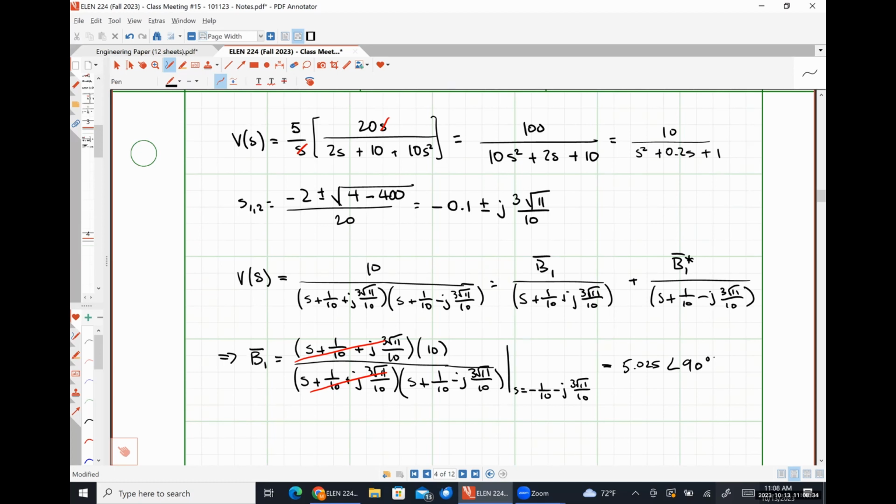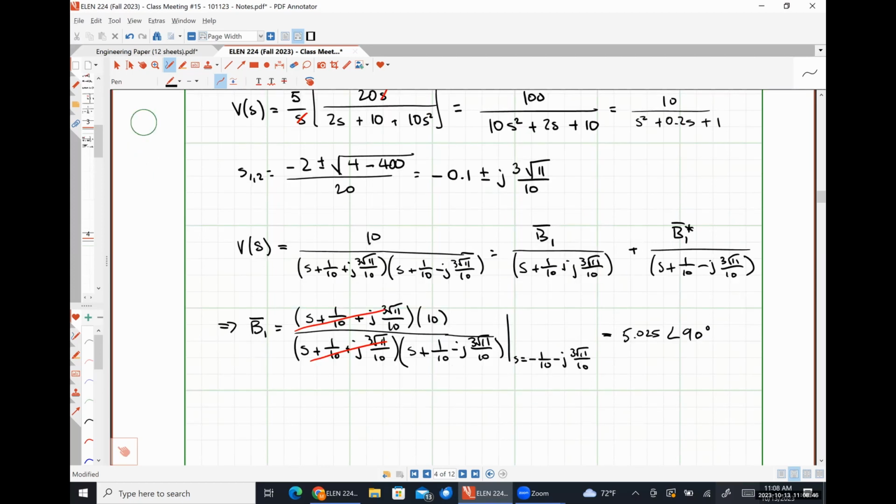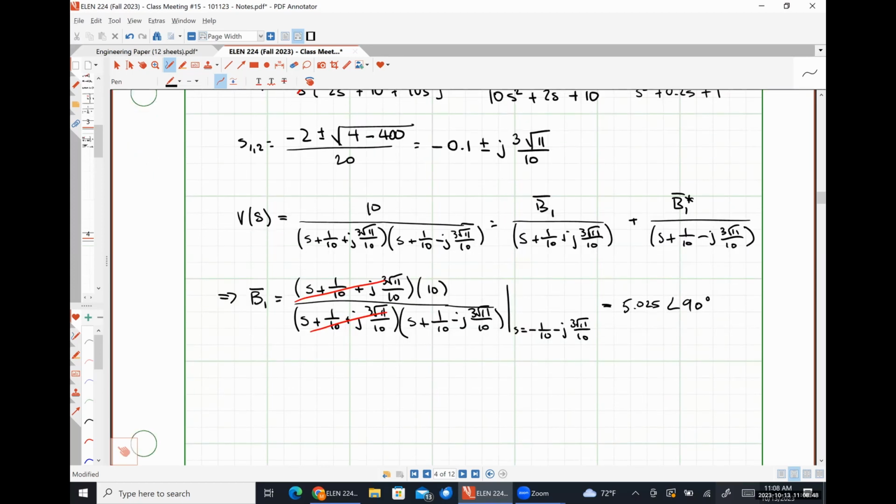Obviously, B1 conjugate is just this same number, angle negative 90 degrees. So from here, I should be good enough to jump straight into the time domain. So what's my answer going to look like in the time domain? V of t in the time domain. Which identity am I going to use?